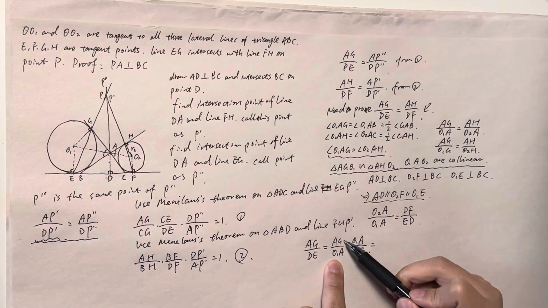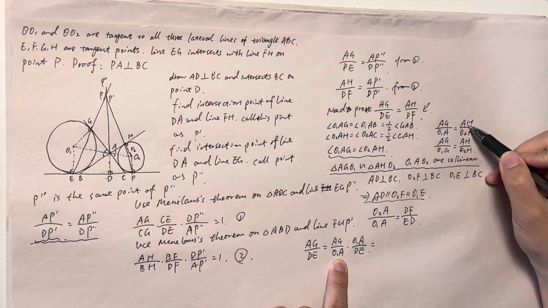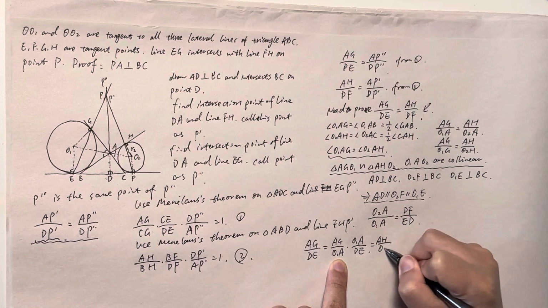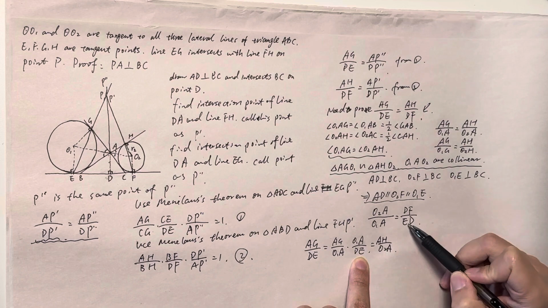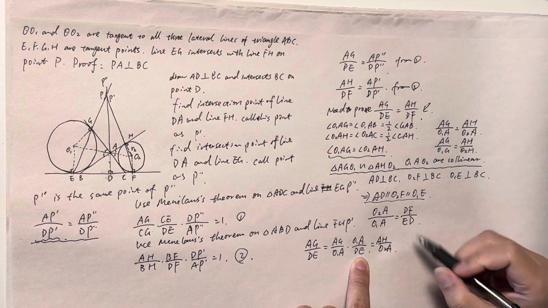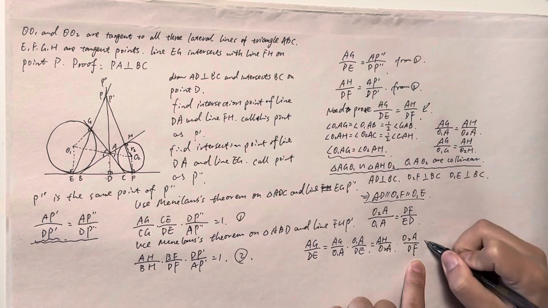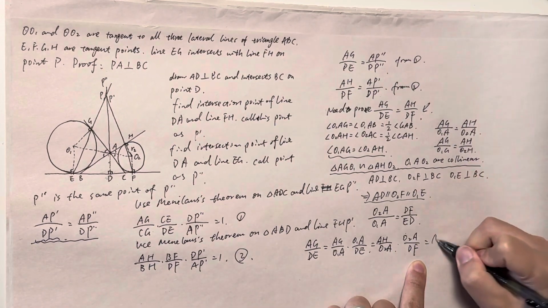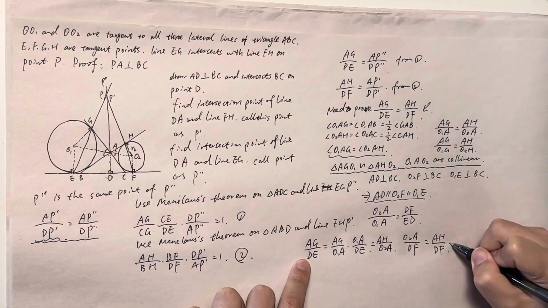Because AG to O1A equals AH to O2A, and O1A to DE equals O2A to DF, these two can cancel each other. We got AH to DF. We proved it.